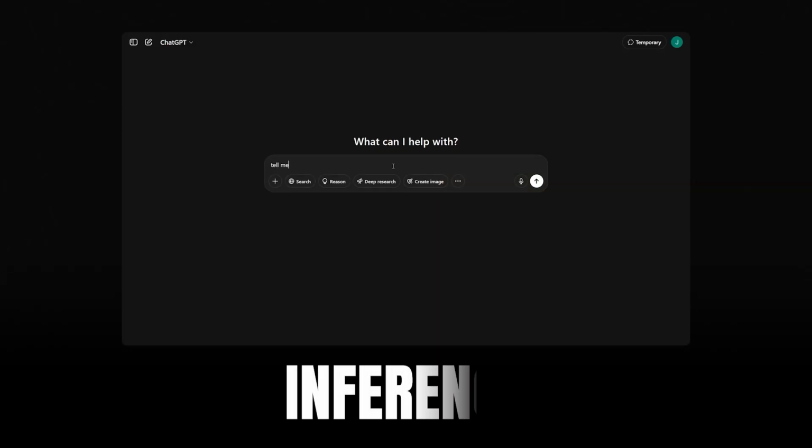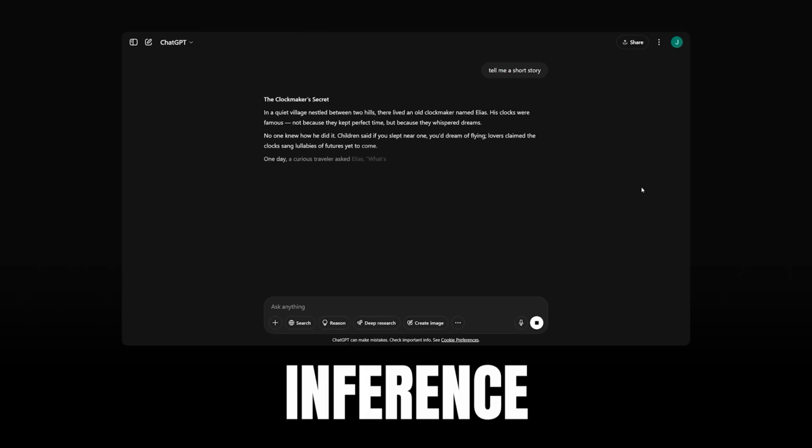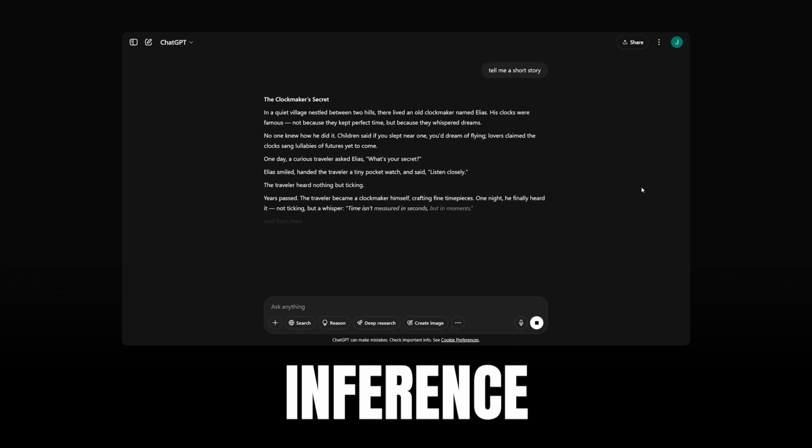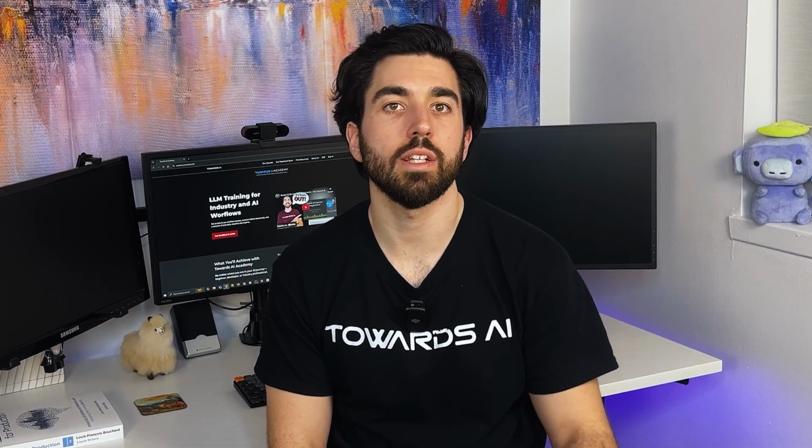And finally, the process of actually using an LLM that has finished training is called inference. In the context of LLMs, inference involves generating responses to questions or prompts by applying the learned patterns and knowledge from the training phase. Now, here's the catch. Inference has to be fast and efficient, especially when you're dealing with real-world applications.